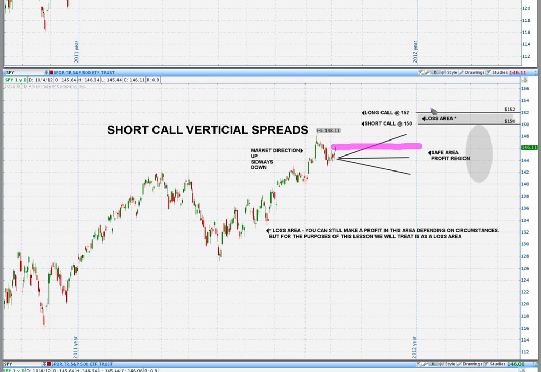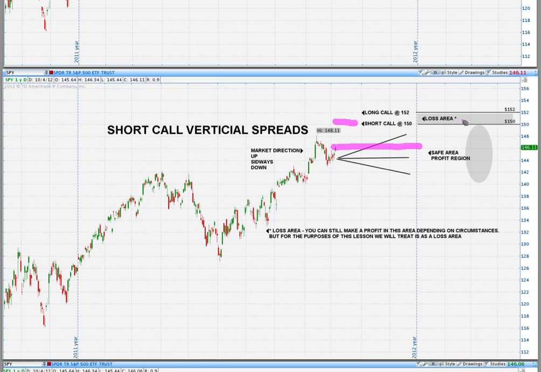Here, it's more than just saving capital or maximizing your capital allocation. You're creating a defined risk trade here. If you just went short the call, that is an infinite undefined risk trade. In theory, it could go up into infinity, and you're just out. So you're creating a defined risk trade with this.